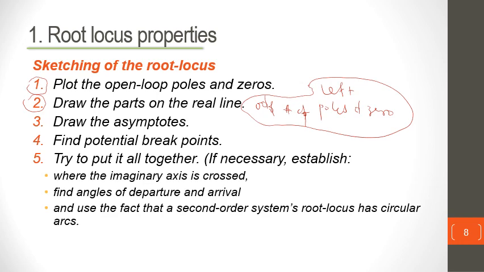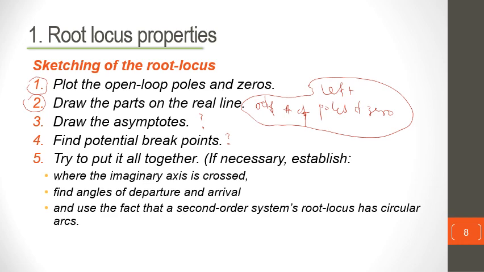And then if need be, sometimes you may need to draw your asymptotes and then find potential breakpoints, that is break in and break out points, and then put it all together.